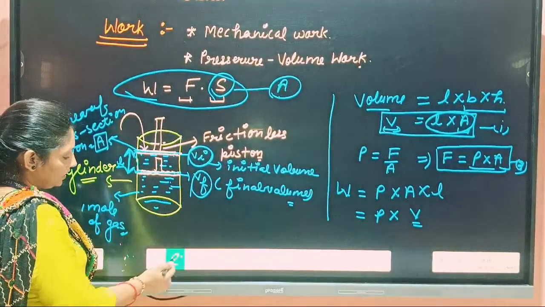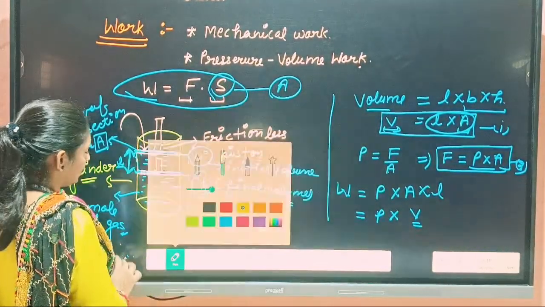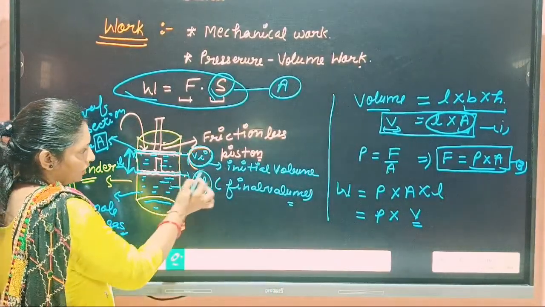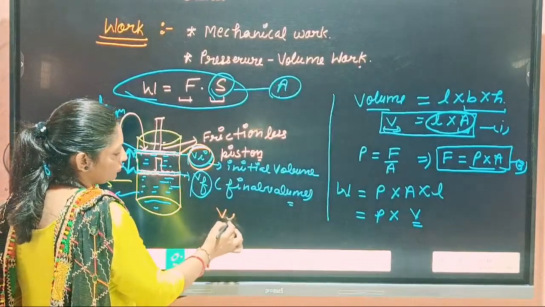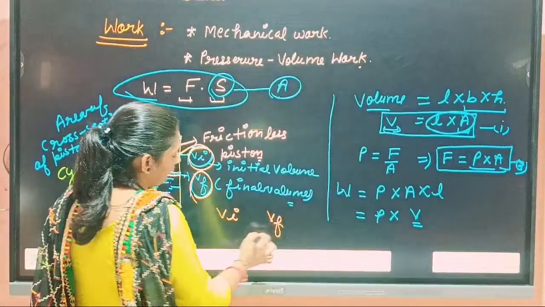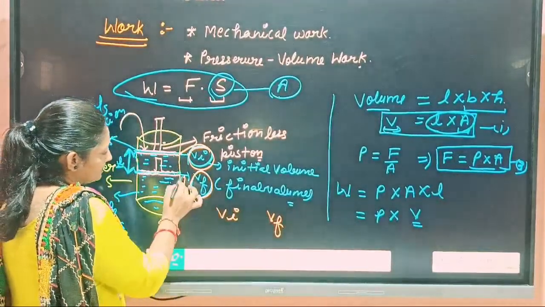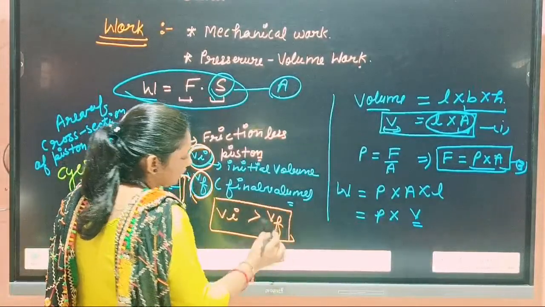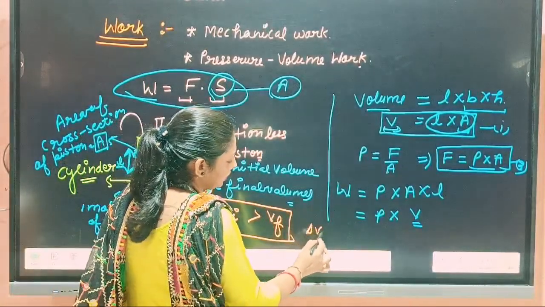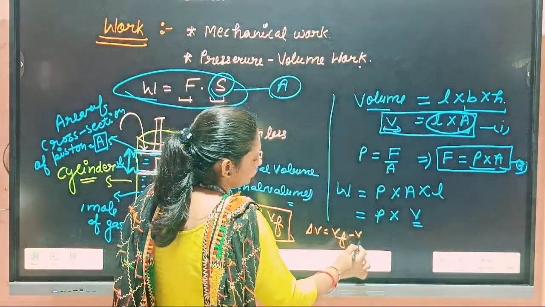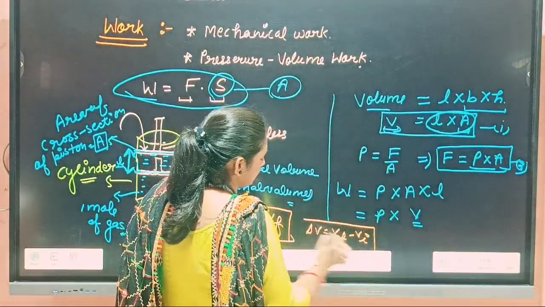Students, here you can see that compression is taking place. Before applying pressure, volume was Vi, but now it is Vf, and Vf is less than Vi. So here del V is equal to final volume minus initial volume, Vf minus Vi.